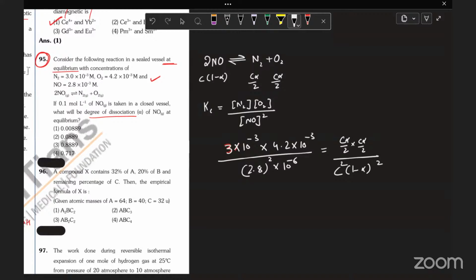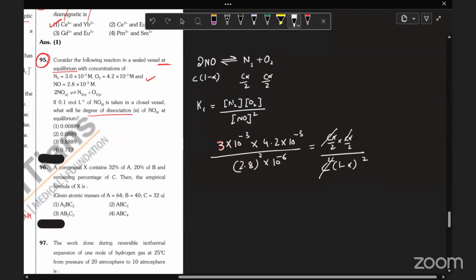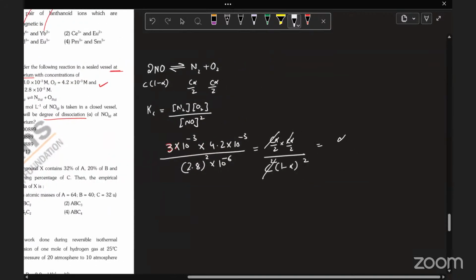So C will get cancelled with C square. So what you have here is alpha square upon 4(1 minus alpha) whole square.